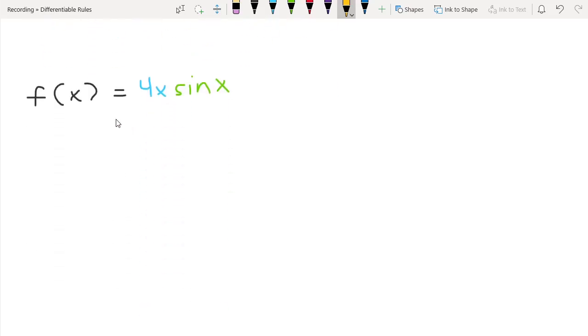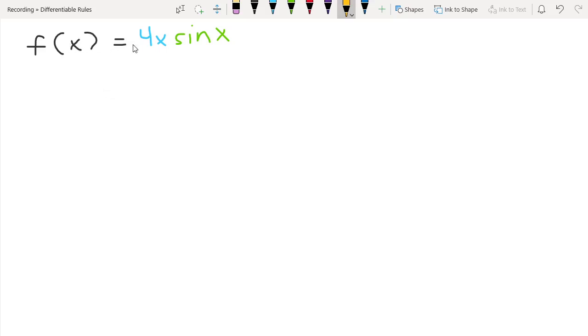So for our first practice problem, we have f of x equals 4x times sine of x. So let's say they want us to find the derivative of this function. In order to do that here, we can first group them together. This step is unnecessary, but it helps a lot when trying to figure out what the terms are that you need to multiply.